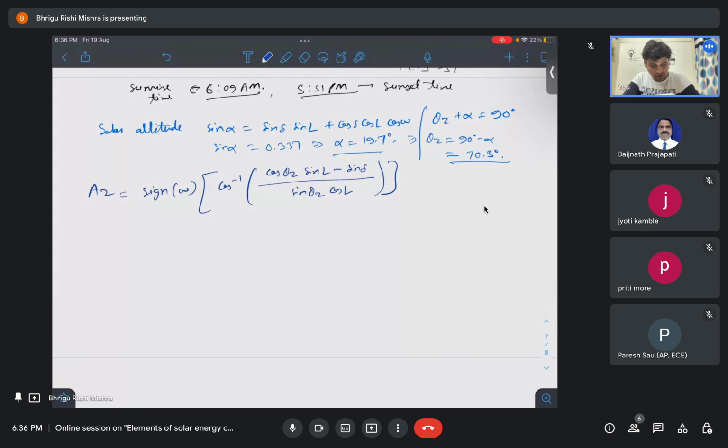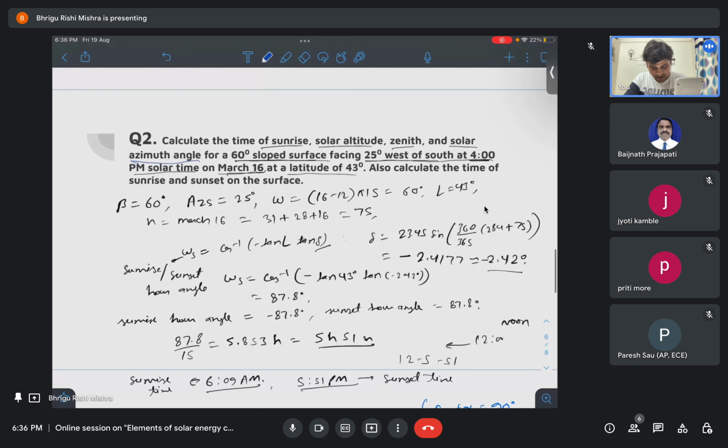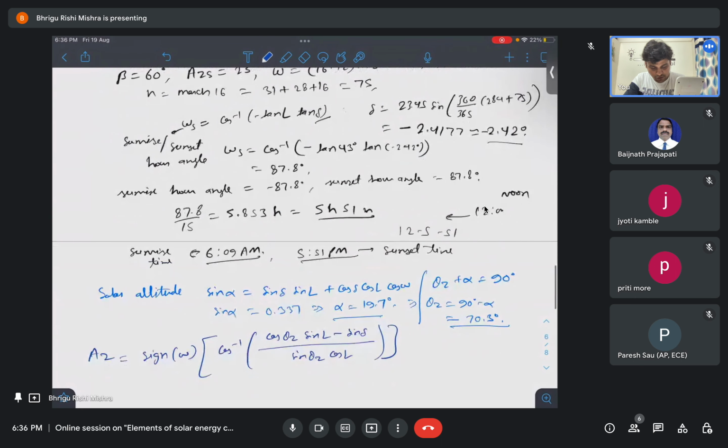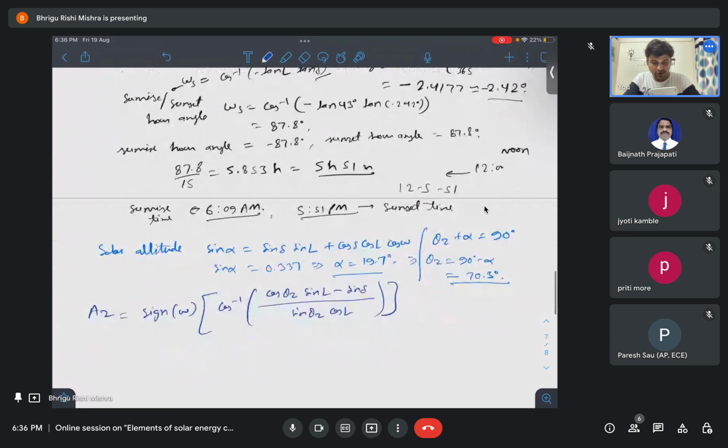So cos theta z, and theta z is 70.3, into sine L. L we have here 43 degree, minus sine delta, and delta we have calculated as minus 2.42, divided by sine theta z, that means sine 70.3 into cos latitude, cos 43.